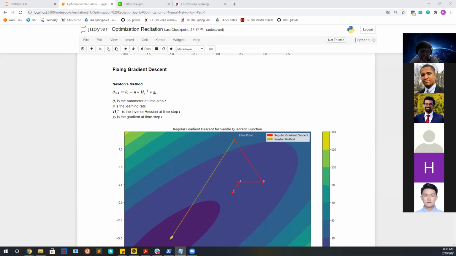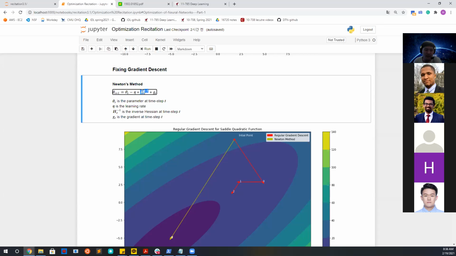But in Newton's method, the idea is why not add a second order approximation to the first order approximation. Newton's method uses the Hessian to consider the second order approximation, and it tries to take the direction of the step that maximizes the decrease.